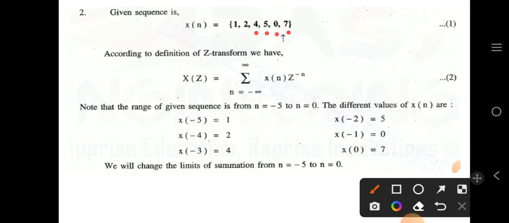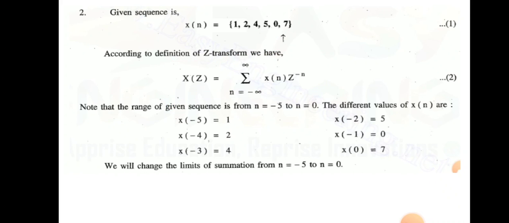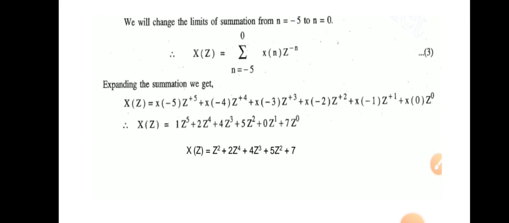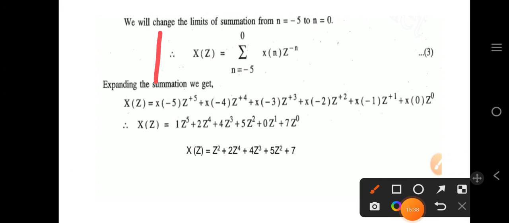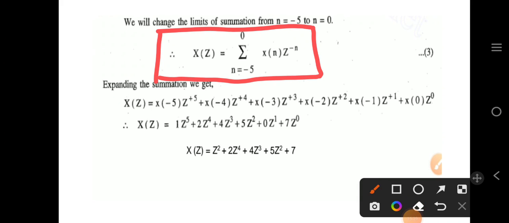Now we will change the limits of summation from n equals minus 5 to n equals 0. We will change these values in this formula. What will we get? We will get this equation: X of z equals, after changing the limit, summation n equals minus 5 to 0, x of n z raised to the power minus n.